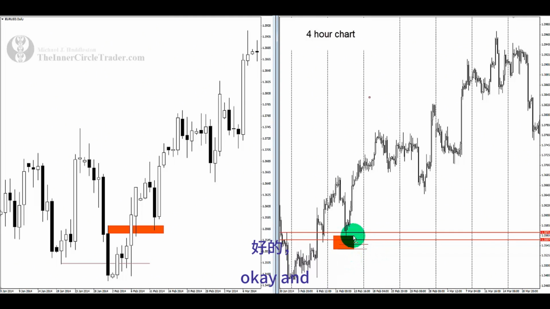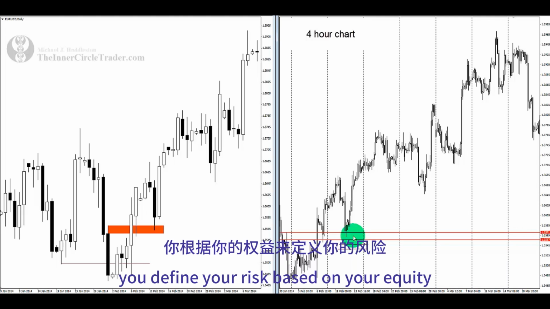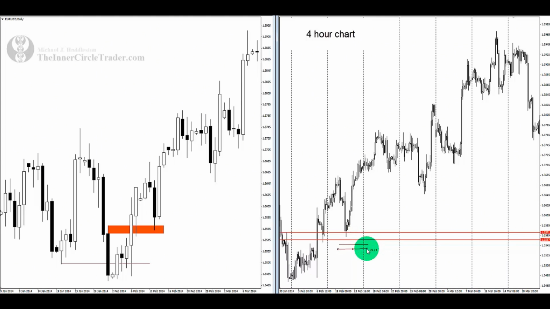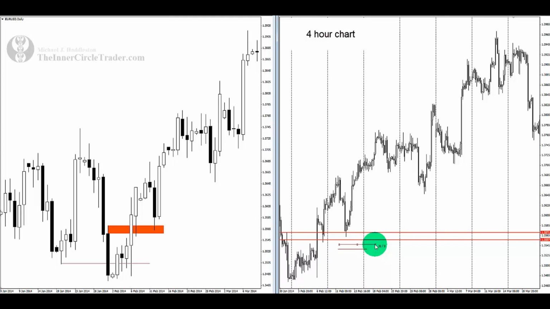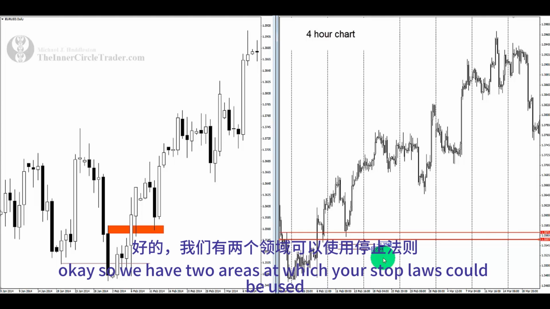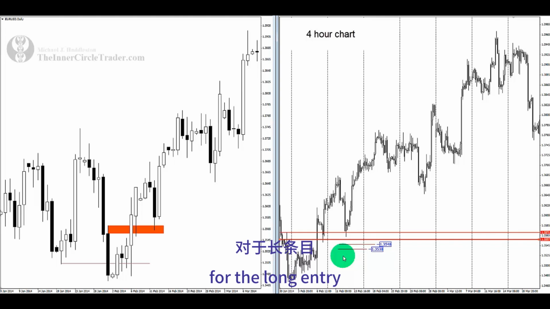You define your risk based on your equity with these two price points at which your stop would be placed. So we have two areas at which your stop loss could be used for the long entry.